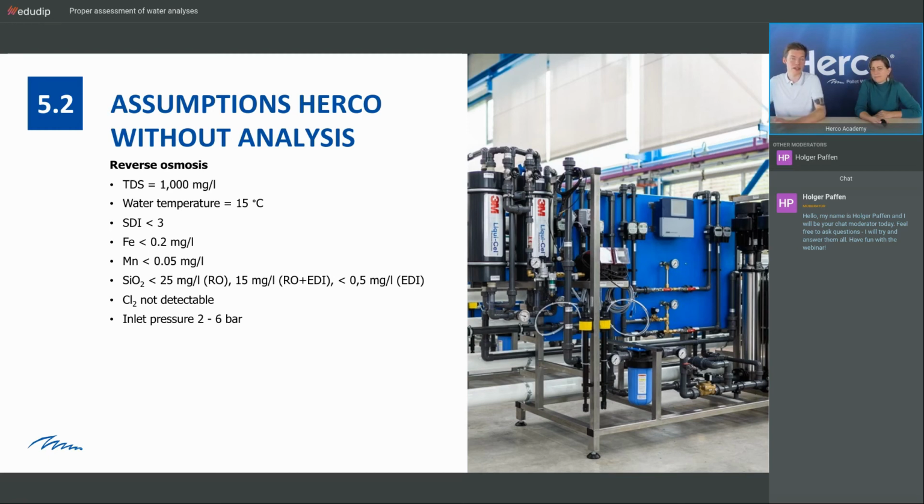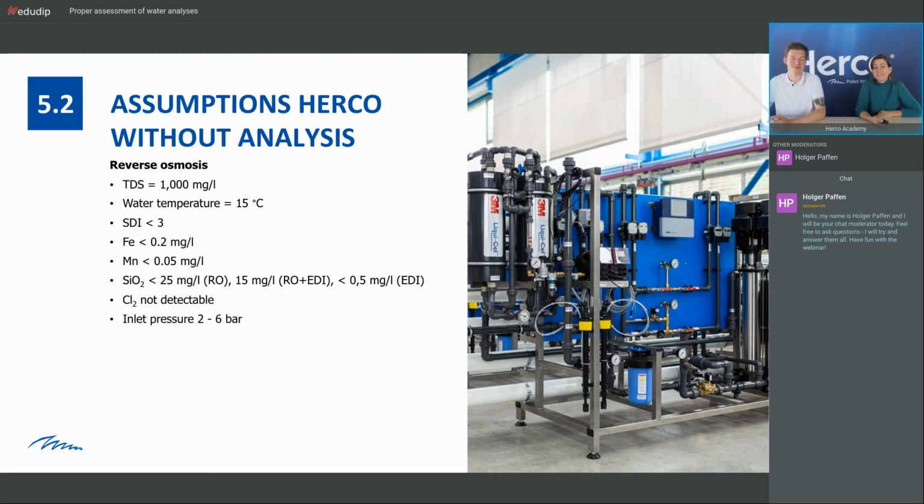The units with RO plus EDI have special membranes inside that remove more silica. Even with those membranes, we are at a level below 15 milligrams per liter. Otherwise, they would scale and block our EDI stack. And if you only have the EDI, you need to be below 0.5 milligrams per liter. That's the limit. For optimal performance, we need to go even lower, to 0.3 milligrams per liter. That's quite low already in the inlet.